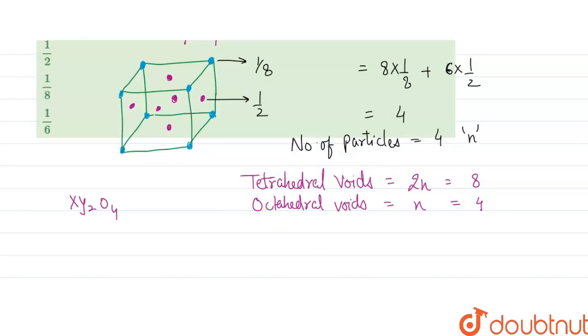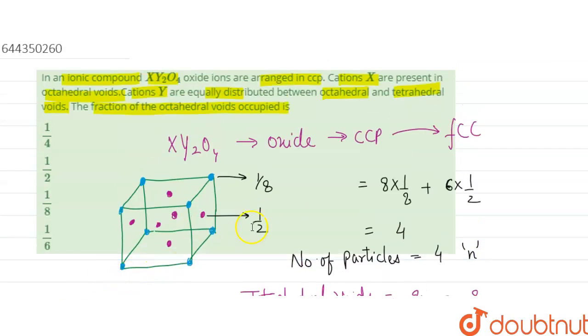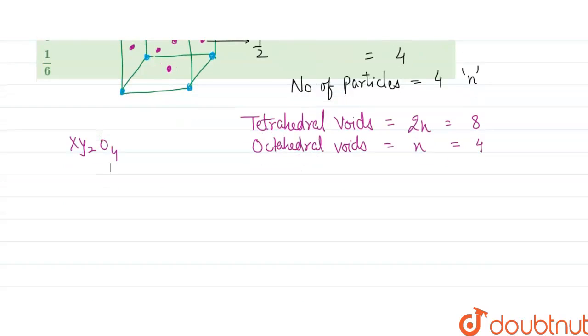Here we can see clearly that cation X is present in octahedral void, and cation Y is equally distributed between octahedral and tetrahedral void. So octahedral void is present in X and Y only.